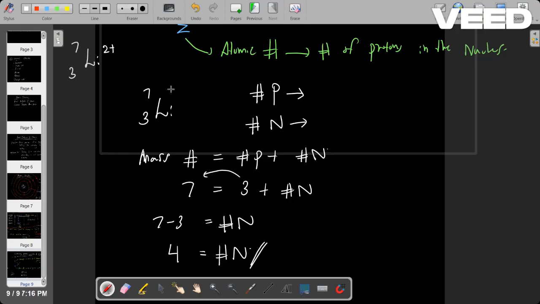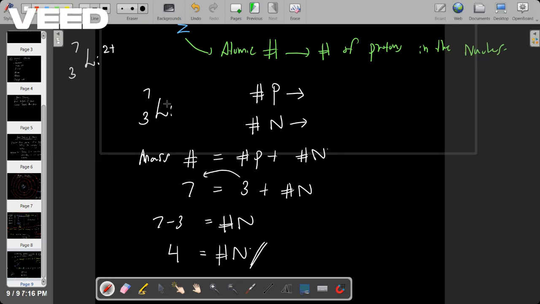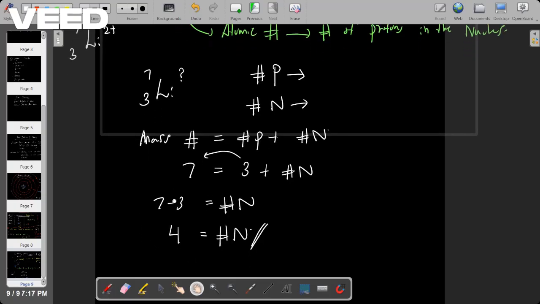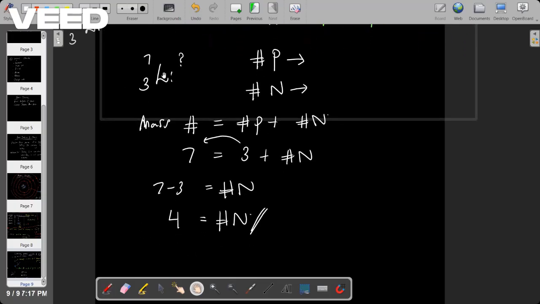So it's a neutral atom. There's no number over here. In a neutral atom like this, when there's no value at the right hand side, all the time the number of protons and the number of electrons are the same.